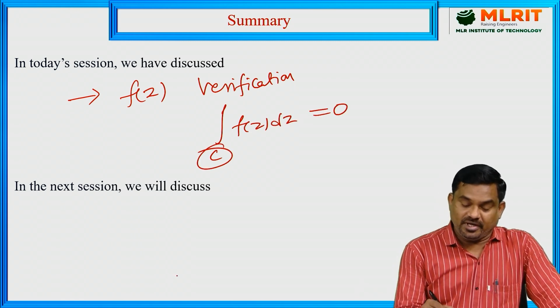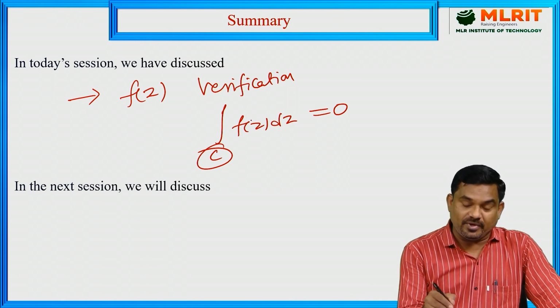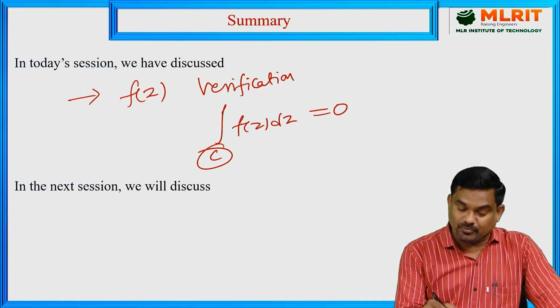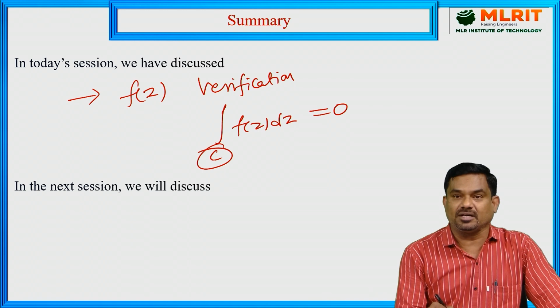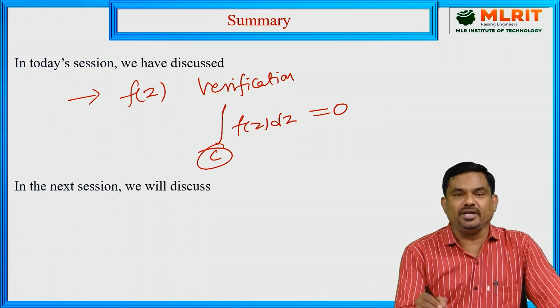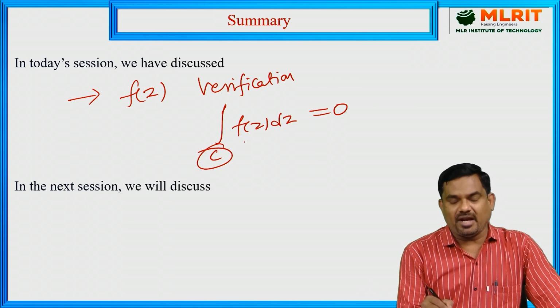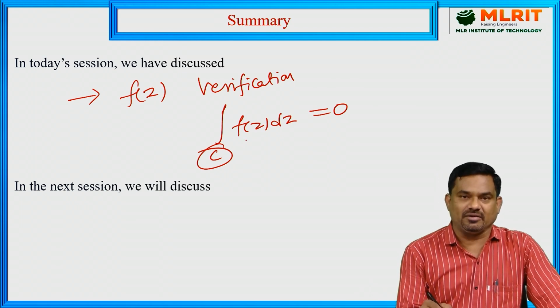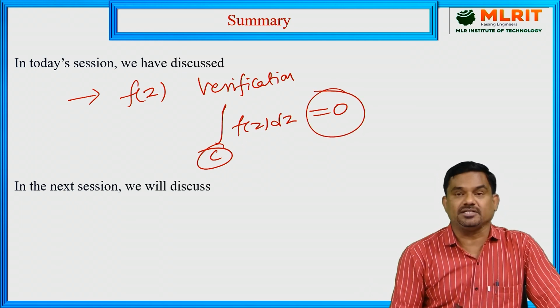So here we cannot use the theorem, we need to verify the theorem. That means we need to evaluate the line integral along the curve. For example, if the curve is a rectangle, along each line we need to evaluate the line integral and then add all the values and show that the final result is 0.